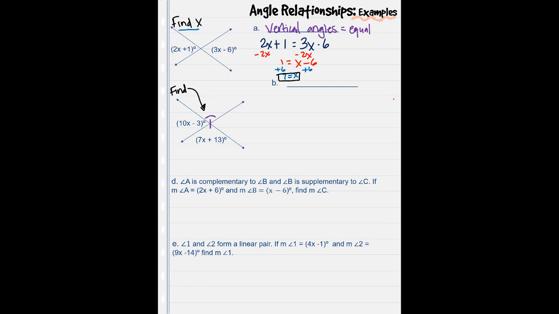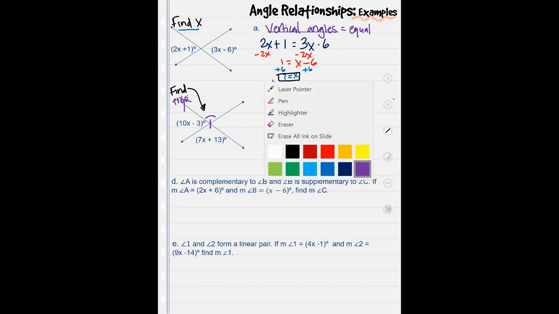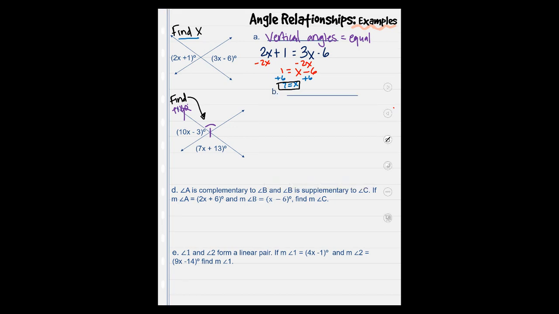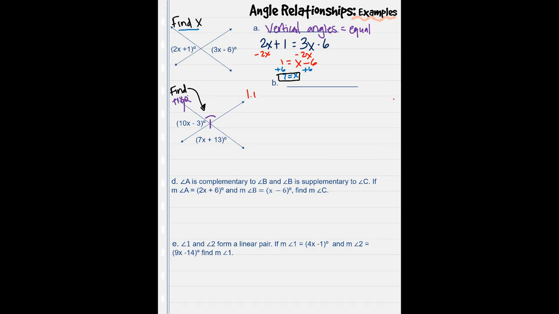We also know that it has a relationship with this angle, and they add up to 180. But again, since we don't know anything about that angle, we don't know if it's 2x plus 200, no, then we can't do anything with that information. So we need to first use what's given to solve for x.